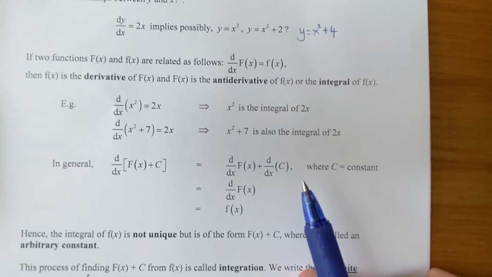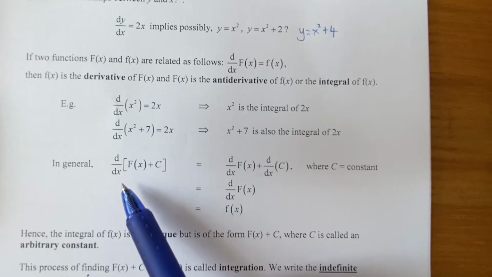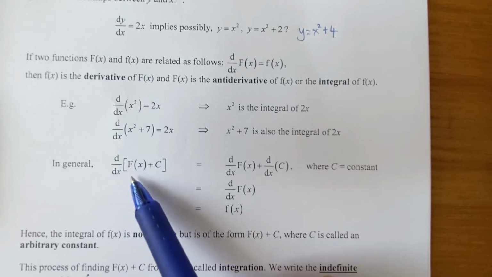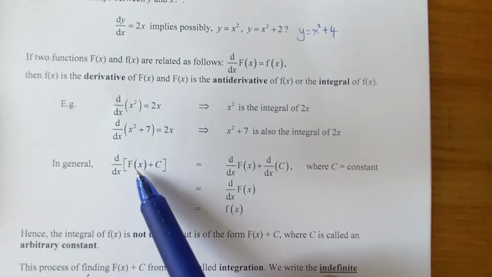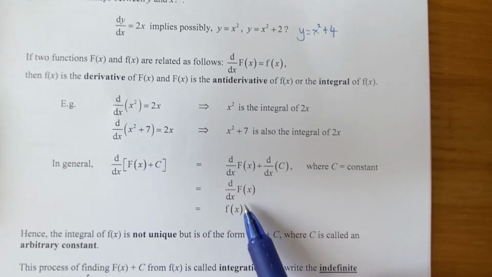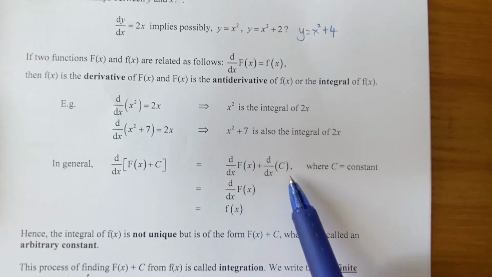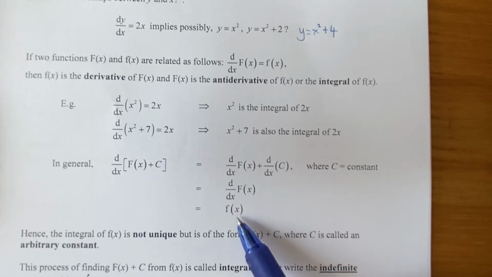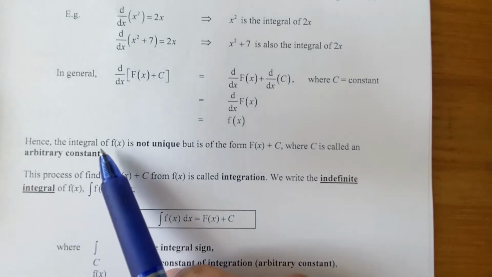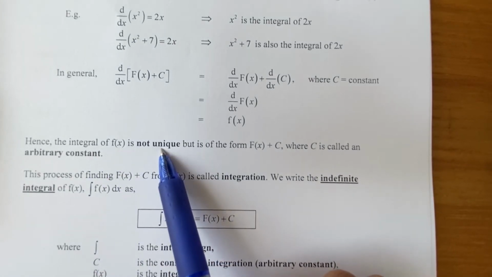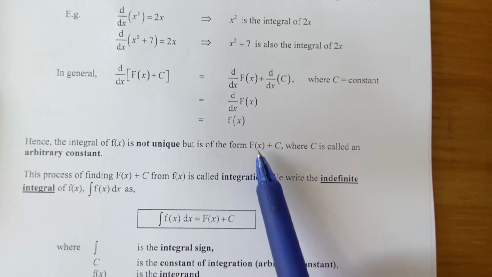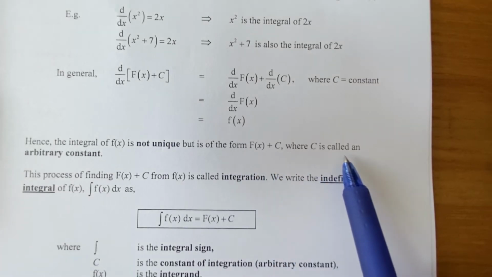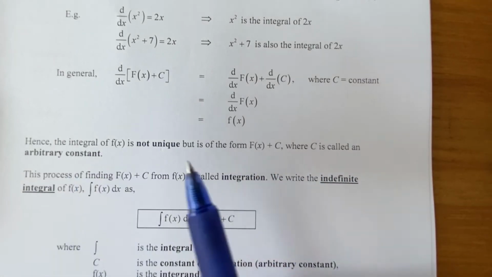Now, therefore, in general, if we have d/dx of the big capital F of x plus c, we shall get d/dx of big capital F of x, because the differentiation of c, where c is a constant, will be 0. So we got this. Hence the integral of f of x is not unique, but it's in the form of the big F of x plus c, where c is called the arbitrary constant.